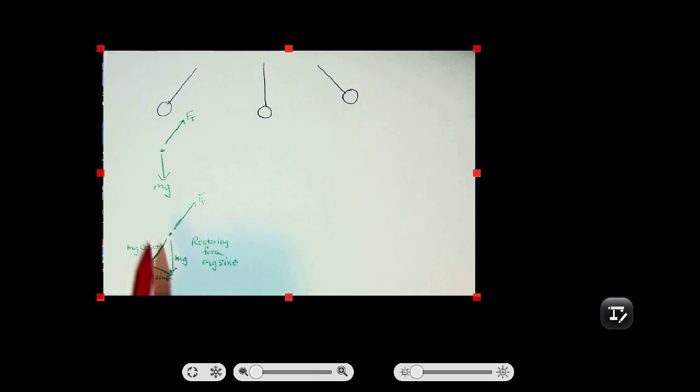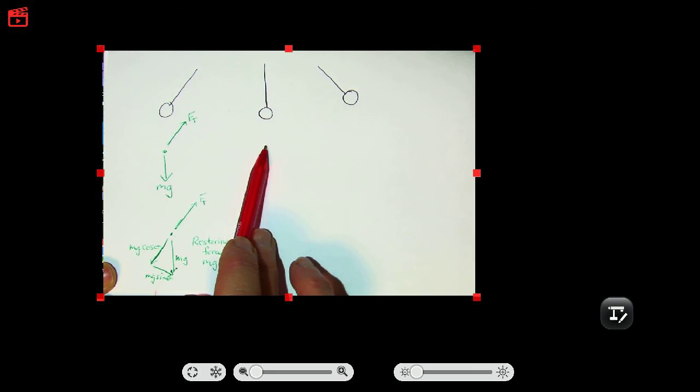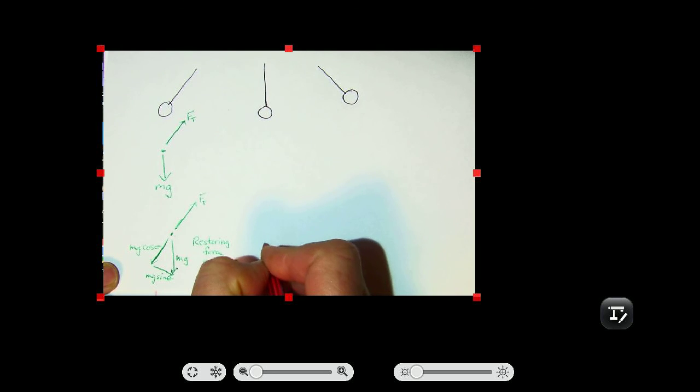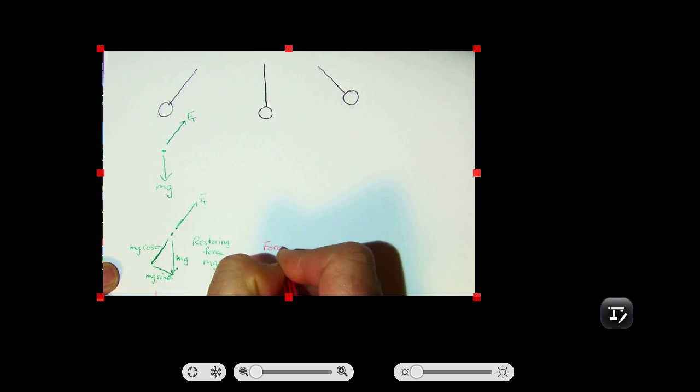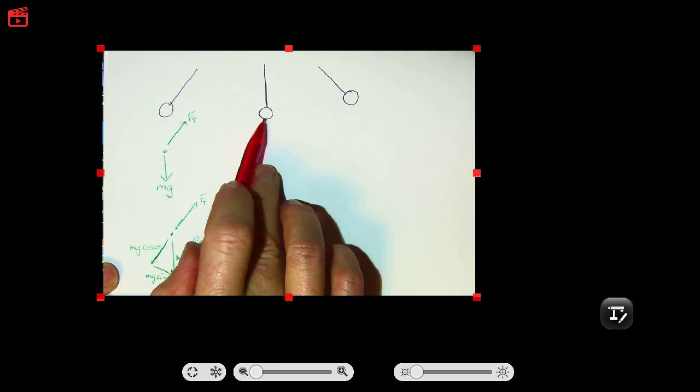Now, as I release it, it's got force right here. It comes down to here. It's giving up potential energy. It turns into kinetic energy. At this point right here, my force is 0. It's reached the bottom.